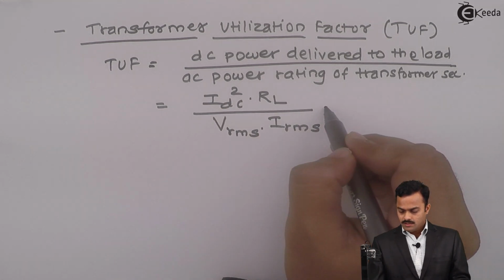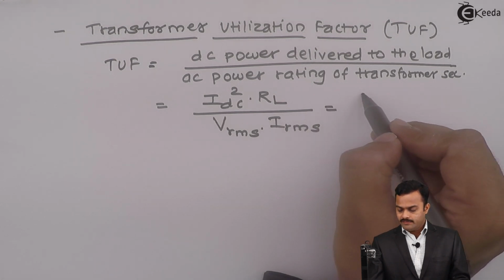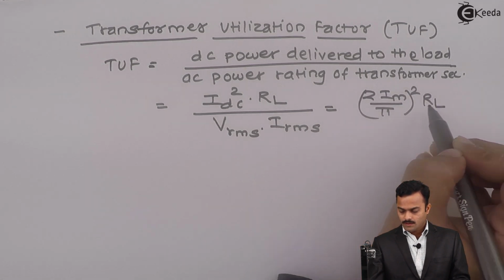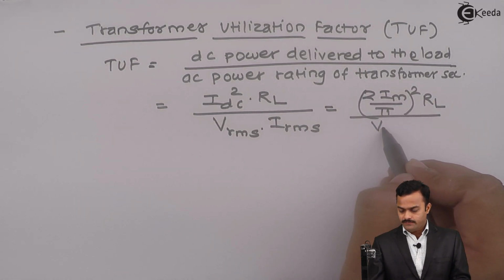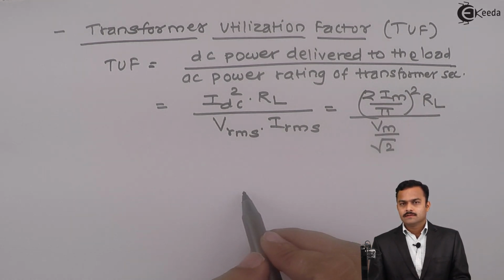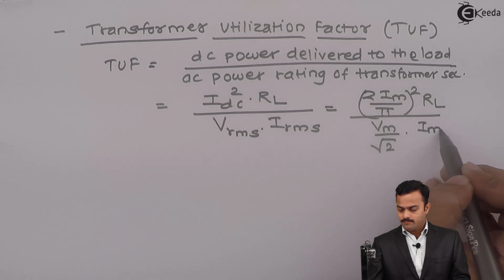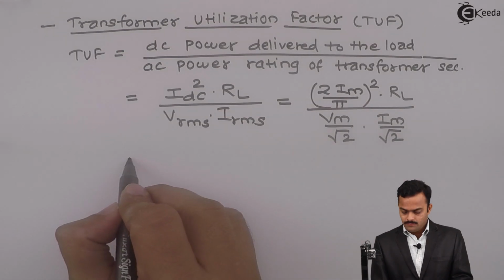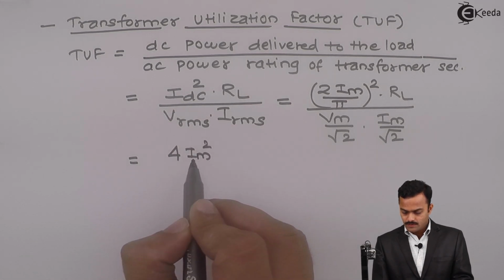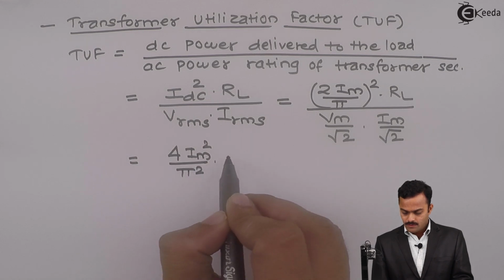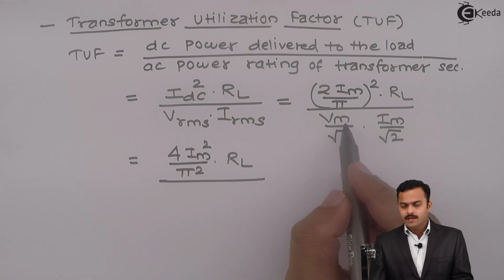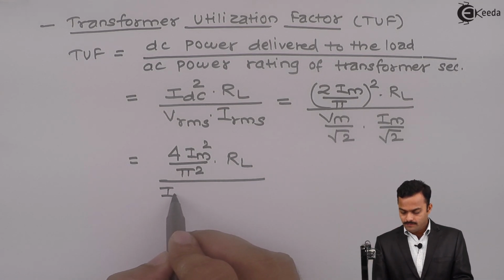So, if I solve, IDC we have calculated as 2 Im by pi, Vrms is Vm by root 2, and for full wave rectifier IRMS is also Im by root 2. Now, if I solve further, it will be 4 Im square by pi square multiplied by RL divided by Vm, I can write as Im into RL.